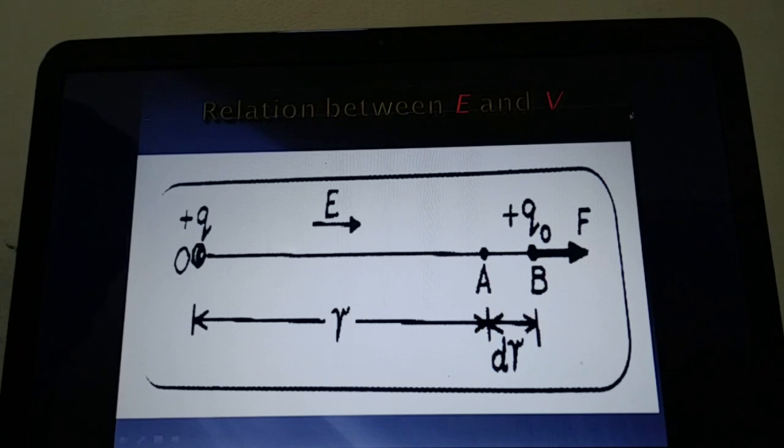Because the force F is acting away from plus q, and if you are bringing the charge plus q0 from B to A, it means you are moving towards the charge, but the force is acting in the opposite direction. So you have to do a work against the force so as to bring the charge from B to A.